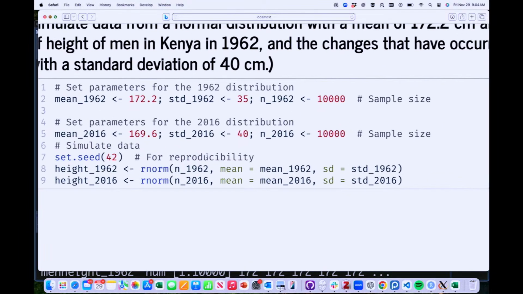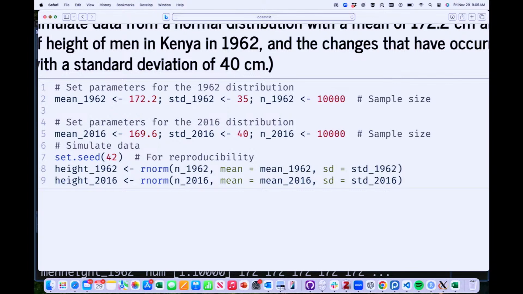Okay, so here, previously we were just doing this and putting the 10,000 here and defining the mean and then giving the standard deviation to generate that simulated data. In this case, it's the same thing, just that I have named these things before. So I know the mean of 1962 is what was described, the standard deviation is that, the 1962 population is 10,000. Do the same, and now you can call these objects into your function.